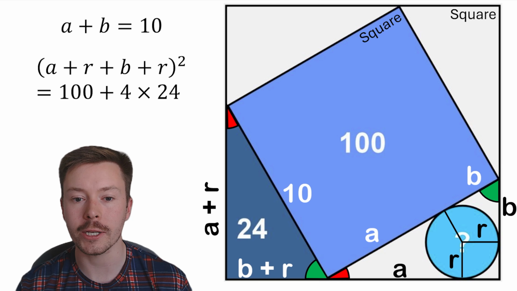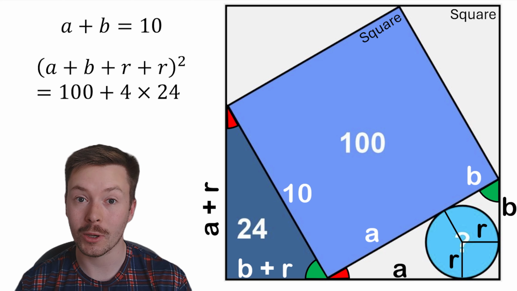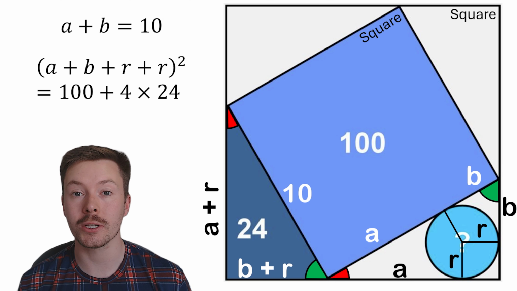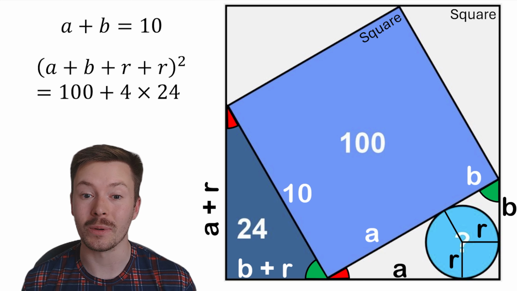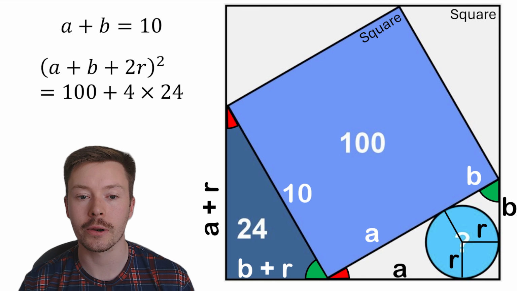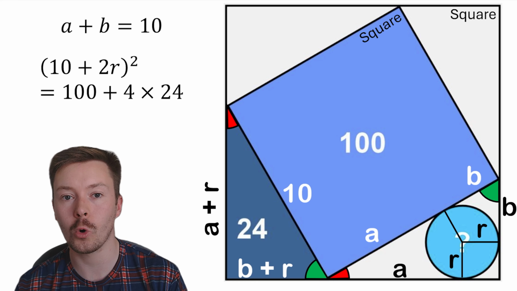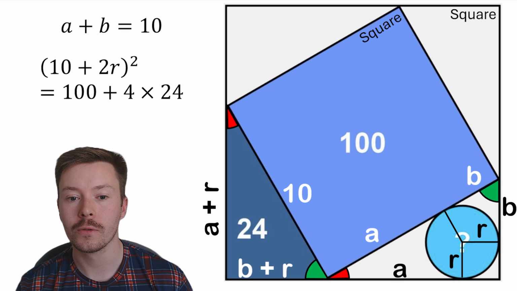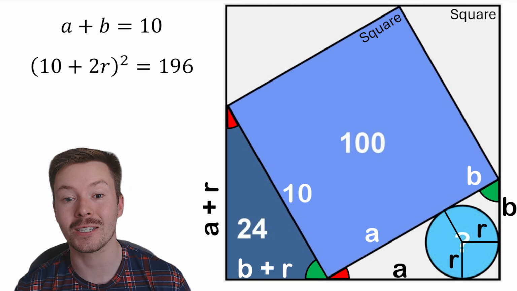Now, if we rearrange, because it's addition, the B and the R, we get something which now, hopefully, is obvious we can substitute in for. So that A plus B is going to be 10. So I'm going to simplify the two R's to 2r, and then I'm going to substitute in for the A plus B. So I get 10 plus 2r all squared is equal to that 100 plus 4 times 24, which is actually 196.